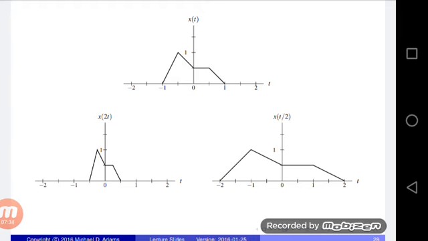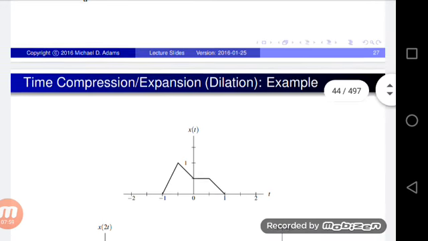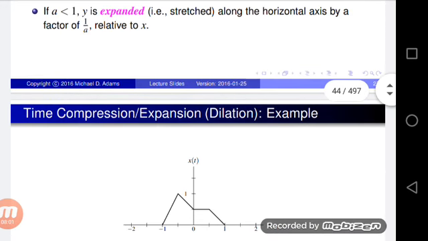That means when we increase or decrease the data rate, the signal transmission rate depends on the time intervals. These are three different types of signals, and these are the time compression and expansion examples.